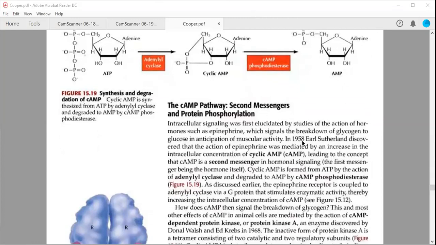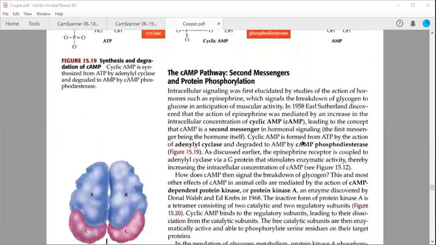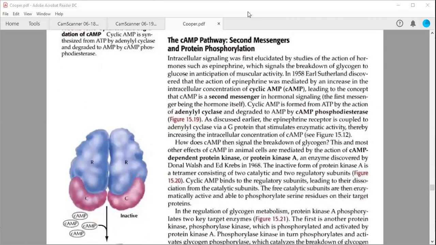Okay, so now intracellular signaling was first elucidated by studies of the action of a hormone, the epinephrine hormone we have discussed. Epinephrine, or adrenaline hormone, is going to transduce the signal via GPCR. The epinephrine receptor is also a GPCR, so it will bind with epinephrine.